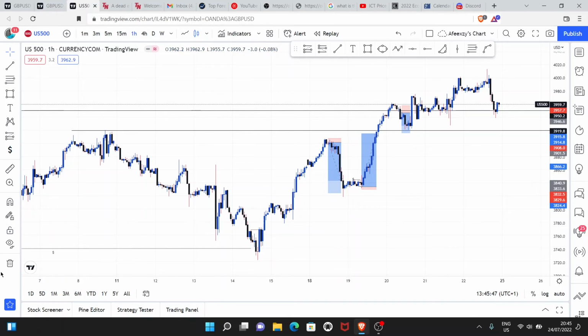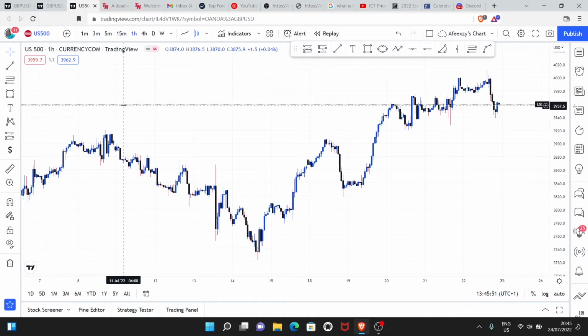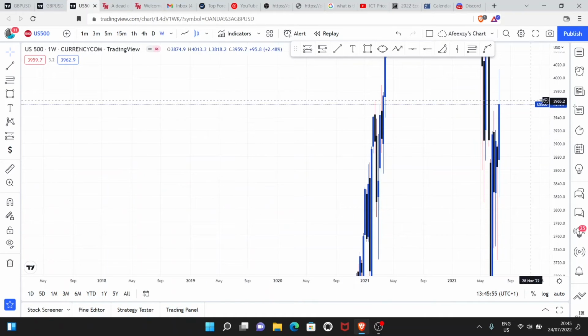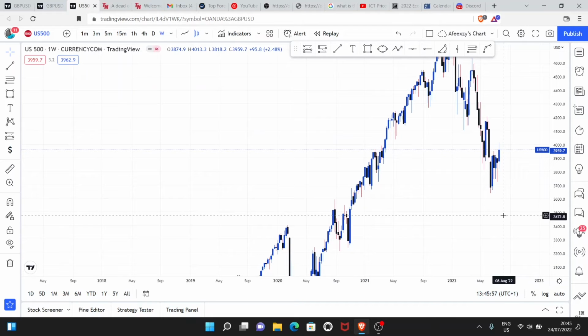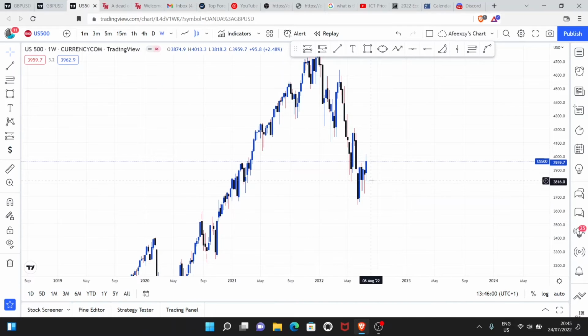So let's clear the charts on the S&P. On the weekly time frame, I really can't see anything more, but I can see it filling this fair value gap here on the weekly time frame.